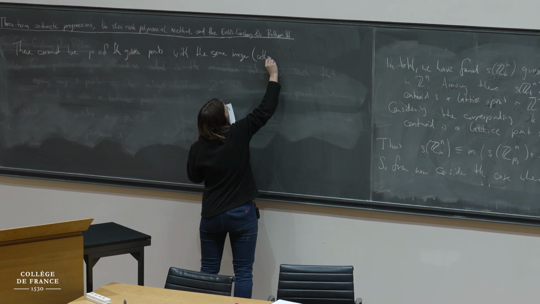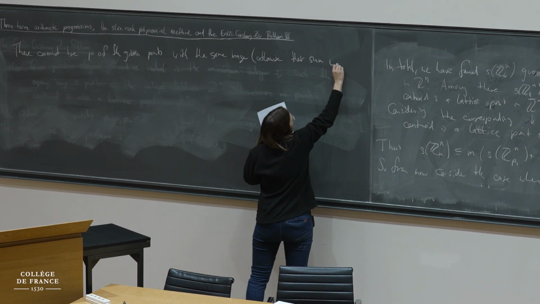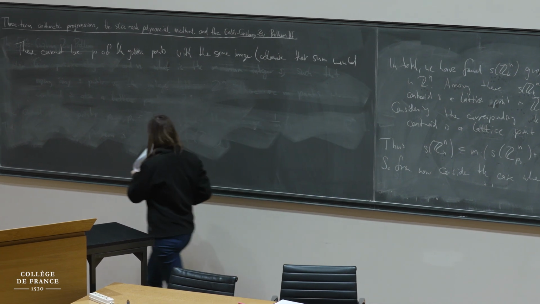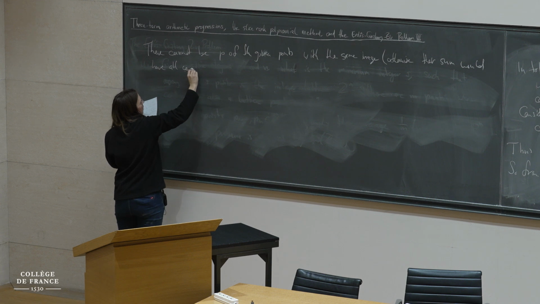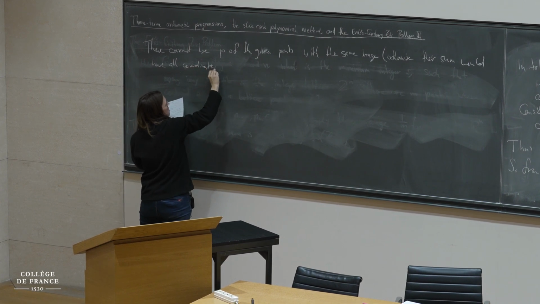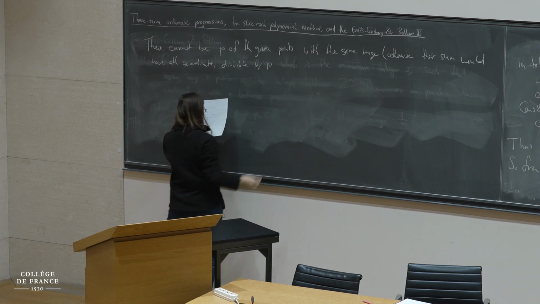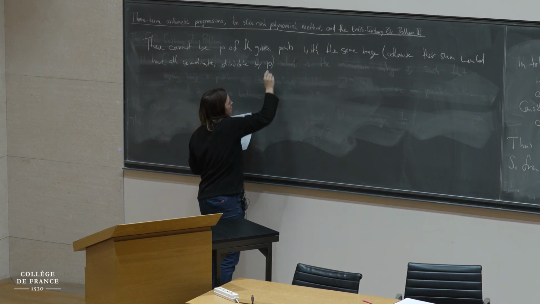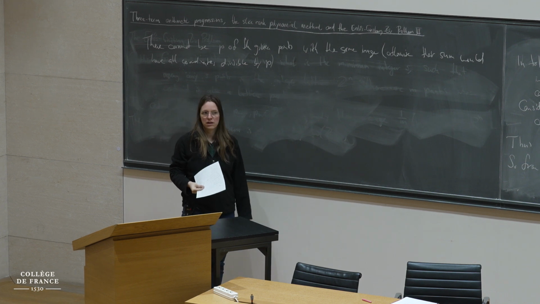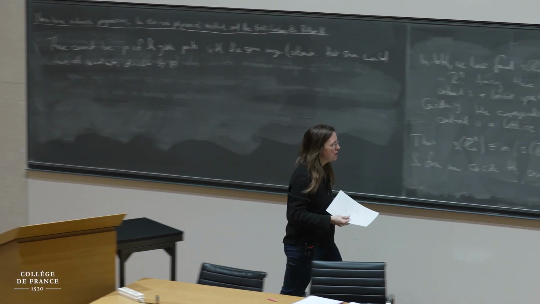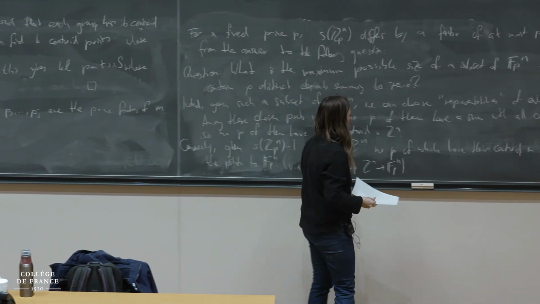So otherwise, the sum would have all coordinates divisible by p. And so that's not possible, because if the sum had all coordinates divisible by p, then the centroid would be a lattice point. And we started with a configuration of points where no p points have the centroid be a lattice point.